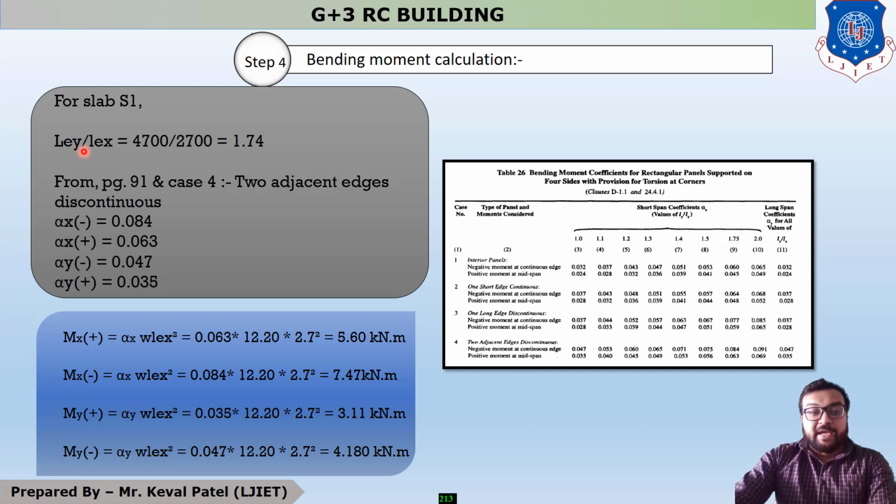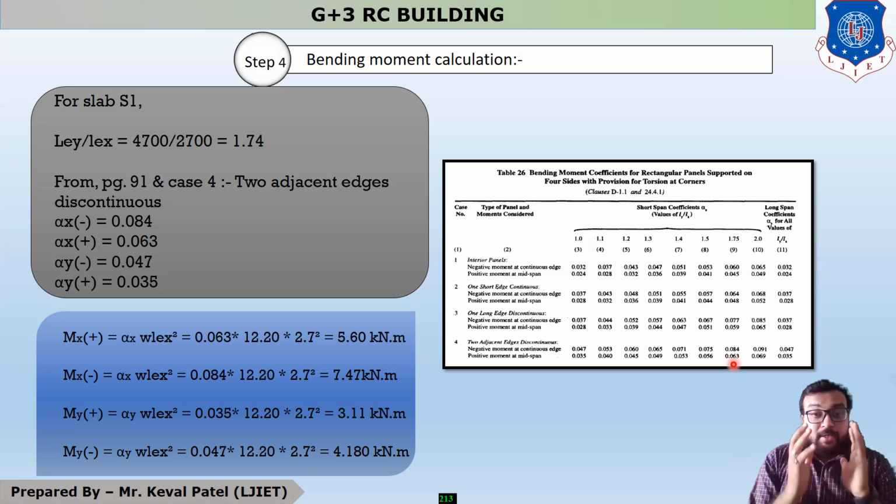Our Ley by Lex ratio of 1.74 is approximately equal to 1.75. So for 1.75 the negative coefficient is 0.084 and the positive coefficient is 0.063. Students, this is the calculation of the alpha x and alpha y coefficients.